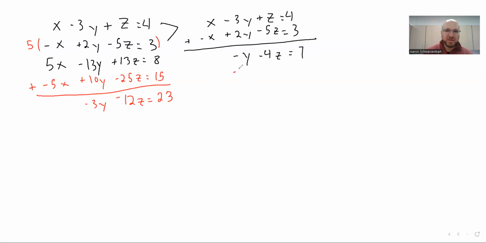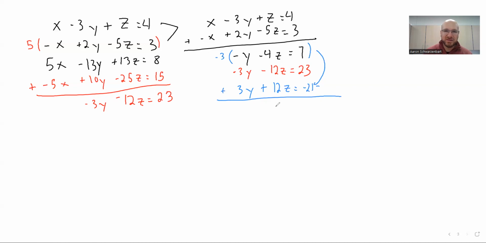So now I bring these 2 equations together. And I'll do linear combination on these. If I multiply the top one by negative 3, I will get something that I can get here to cancel out. So negative 3 times negative y is positive 3y plus 12z equals negative 21.